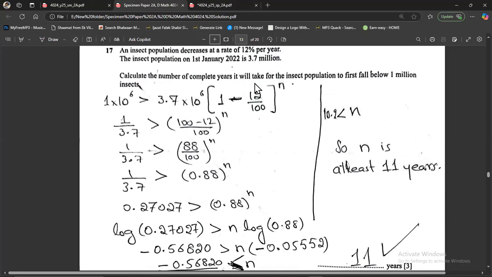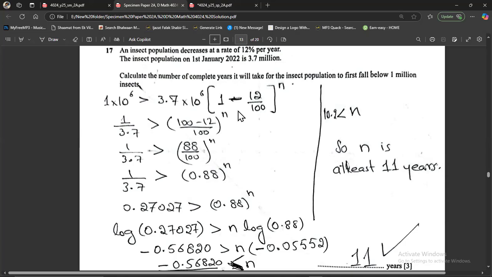This is the exact formula which is used for the compounded amount, but here the amount is decreasing. That's why instead of a plus sign, I am writing a negative sign because the population is gradually decreasing. So the population after n years will be 3.7, the starting amount, times 1 minus rate divided by 100, raised to power n.